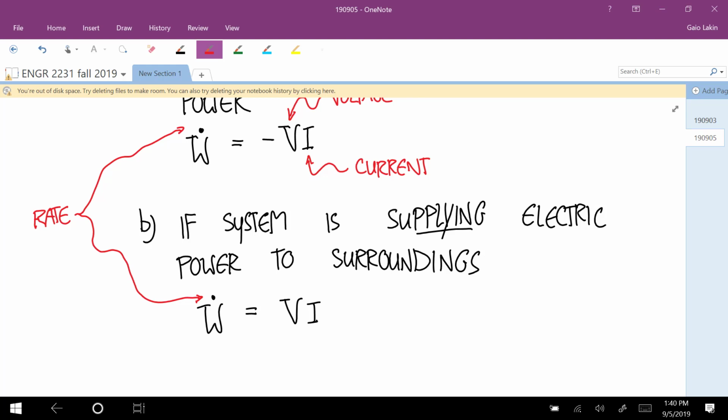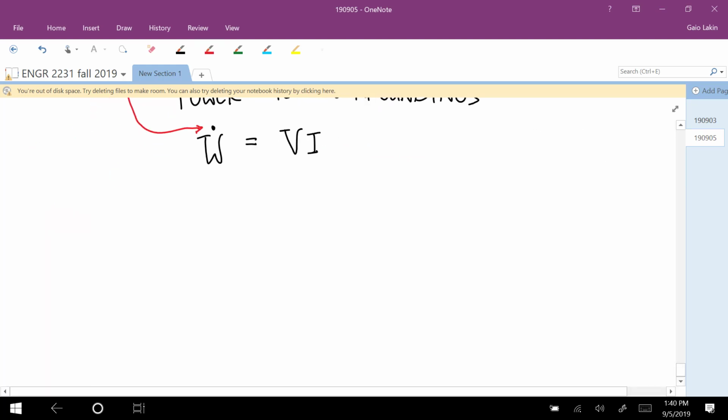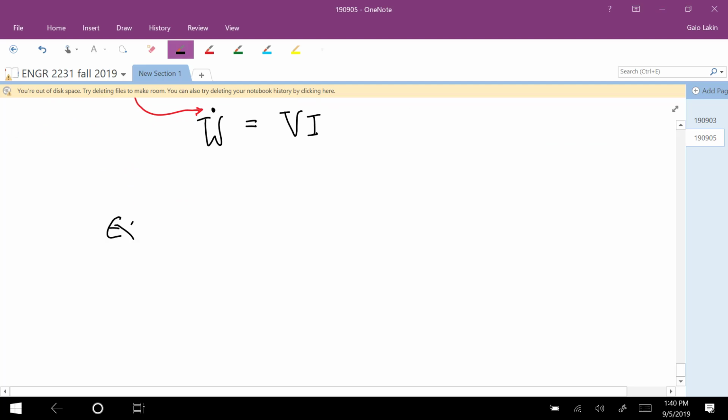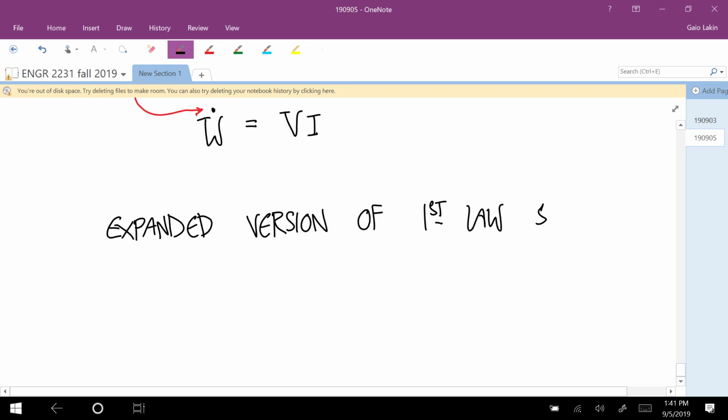So what do we have so far? I'm going to give you an expanded everything. So all these different things that we have the ability to calculate, I'm going to substitute them all into the first law and see what the ugliest looking but most exhaustive version of the first law is. So the expanded version of the first law so far.